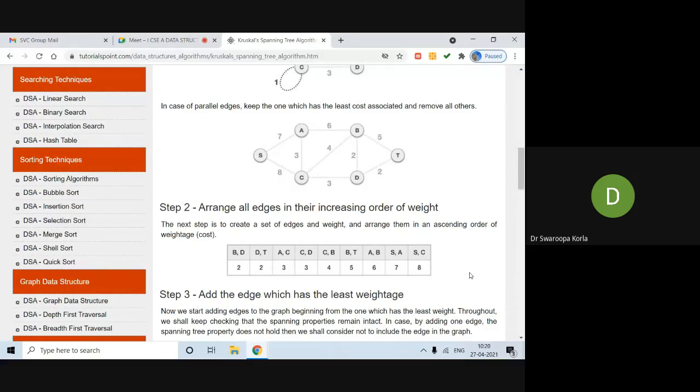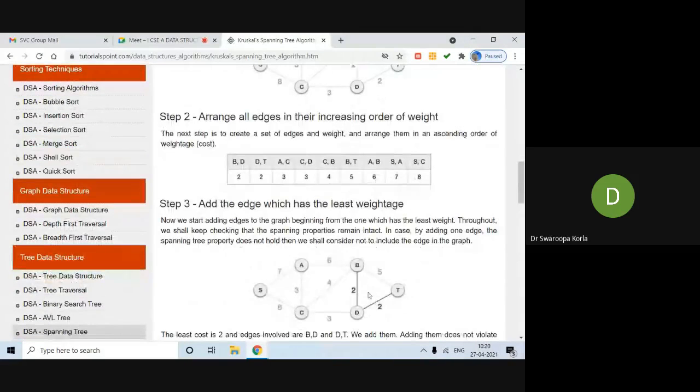So you have to form a table. You are arranging all the edges in their increasing order of weight. Just you are writing the weight values in the increasing order, and specifying which edge each weight belongs to. That's all. Okay, and now move to step 3.